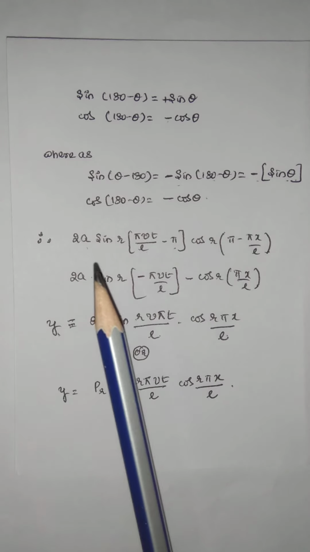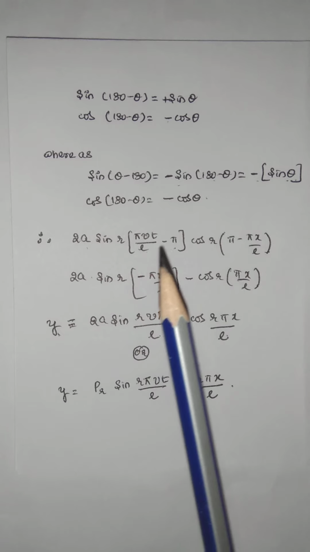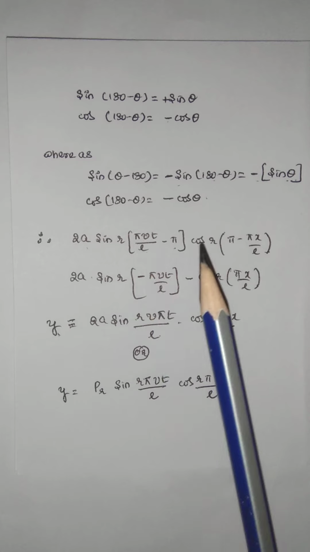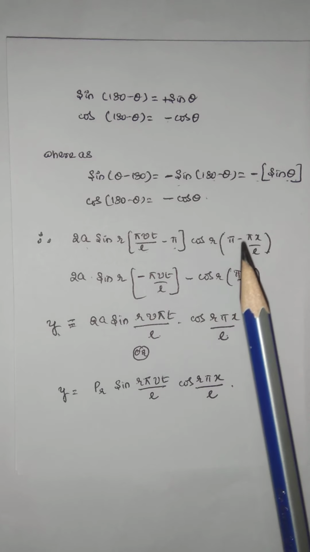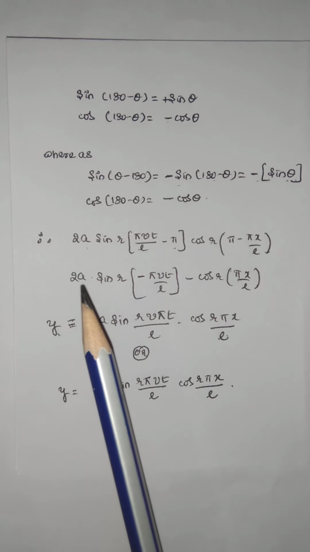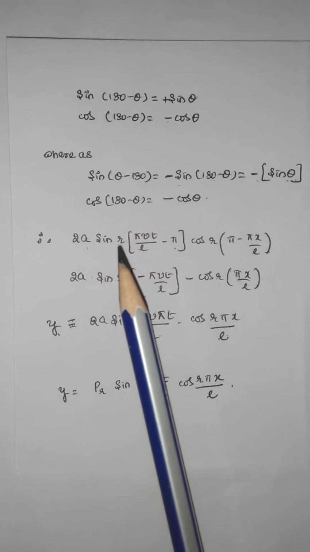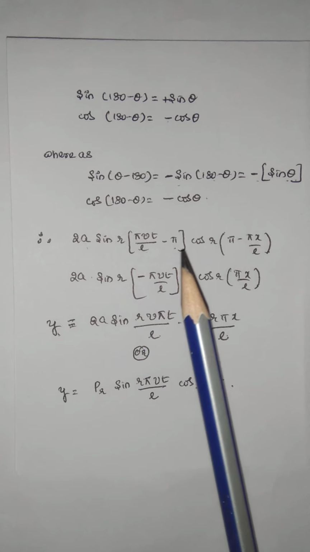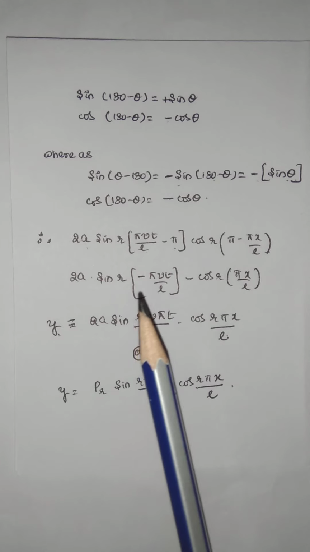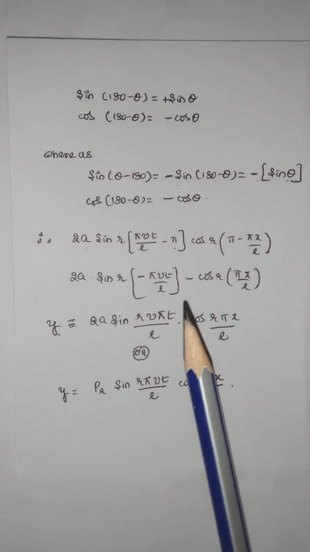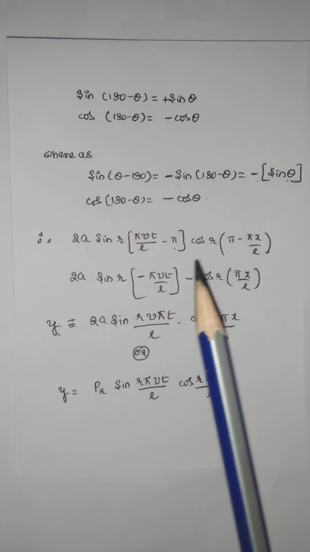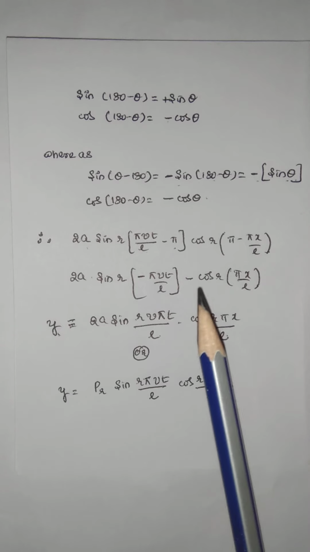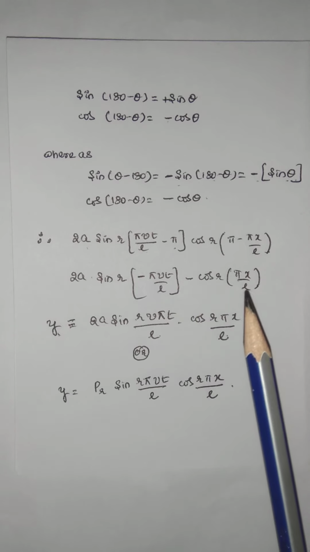Therefore, this value is given by 2A sin(rπvt/l) into cos(rπ - rπx/l). Here, sin(θ - 180) becomes minus, so it becomes -rπvt/l. And cos(180 - θ) is -cos θ, which is -cos(rπx/l).